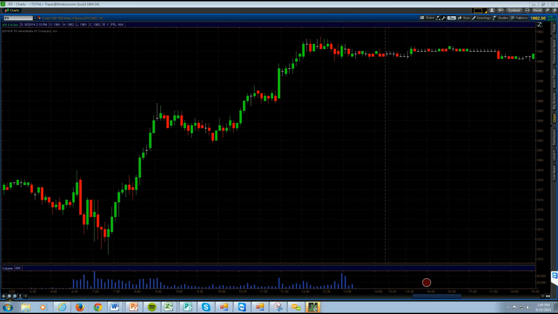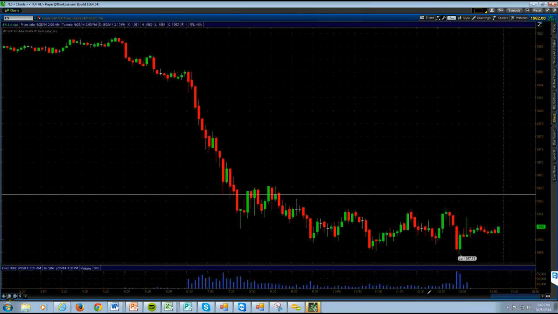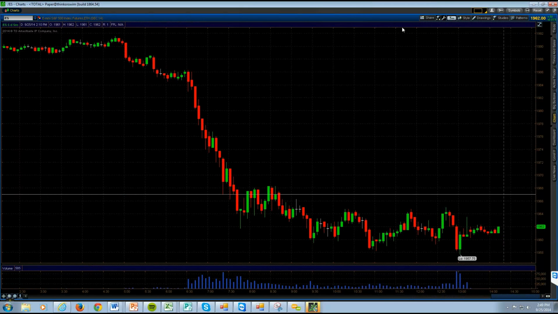Comparing that to today's price action, let's do a very similar candle count as it relates to momentum. You can see we have this major drop here. It pretty much went sideways. Came down.